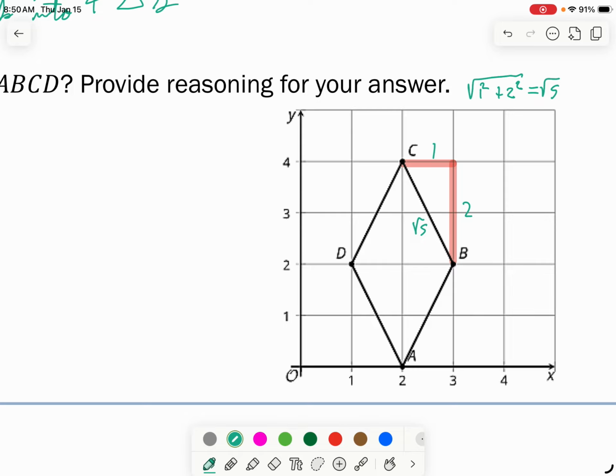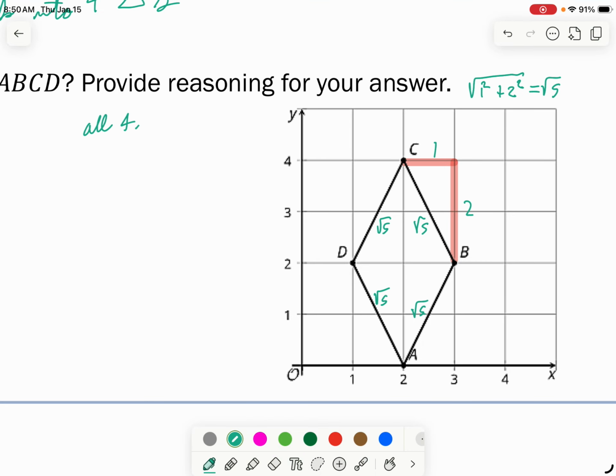But wait, this one's a 1 by 2 as well. This one's a 1 by 2 as well. This one's a 1 by 2 as well. So I know that all of these are the square root of 5 because they all share the same slope triangle. All 4 sides have that same slope triangle.